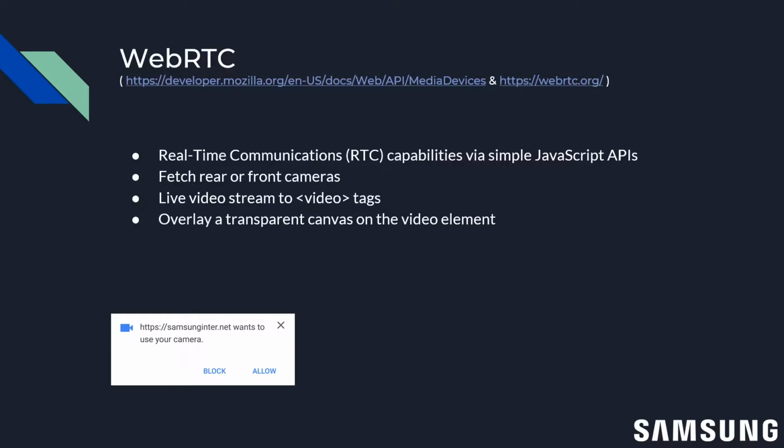WebRTC is a real-time communication JavaScript API that's been available for the past couple of years, and you can fetch the rear view camera and the front view camera, as well as audio.